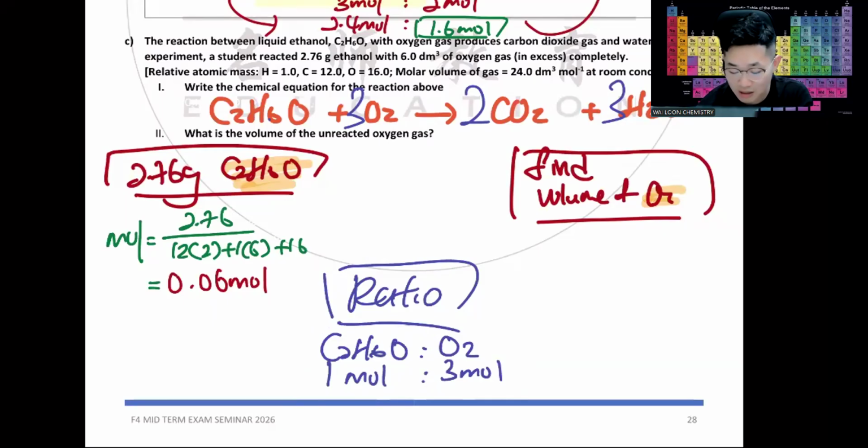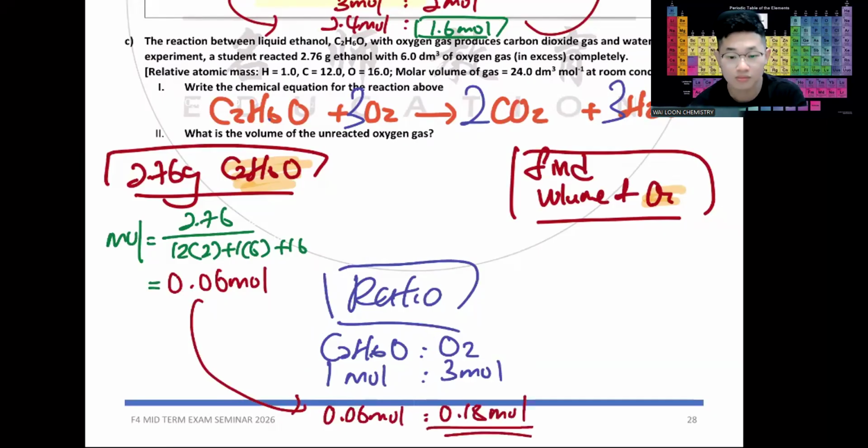And therefore, I bring the number down. 0.06 mole is equal to 0.18 mole. So this is the amount of oxygen that will be reacting.